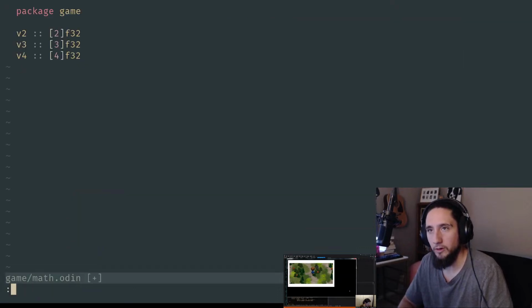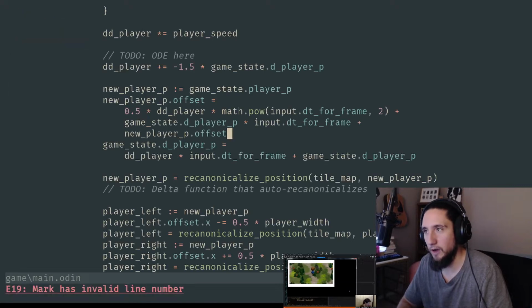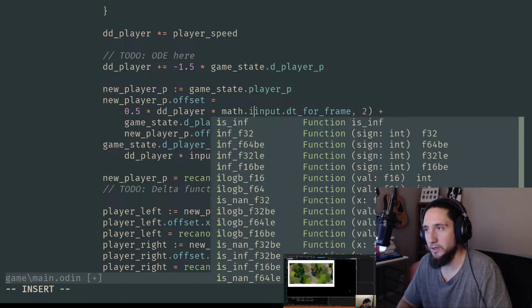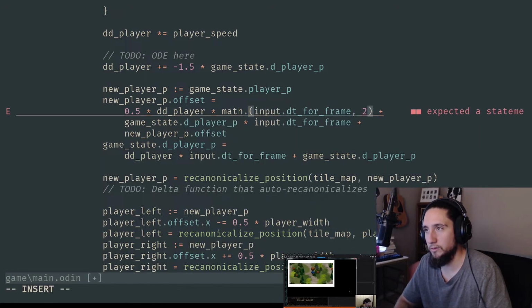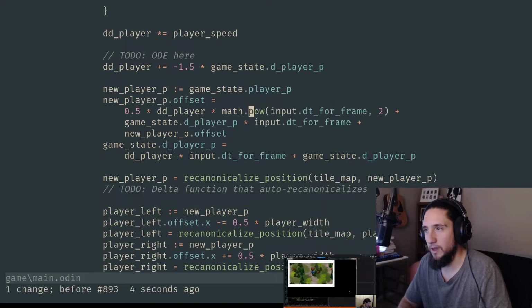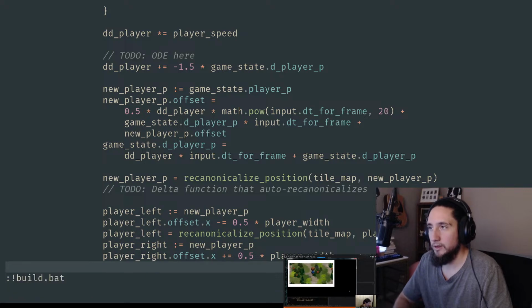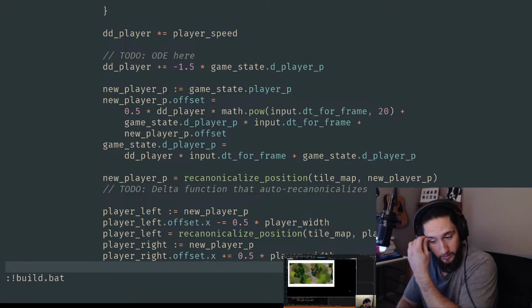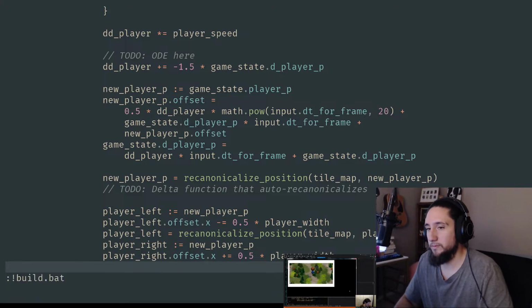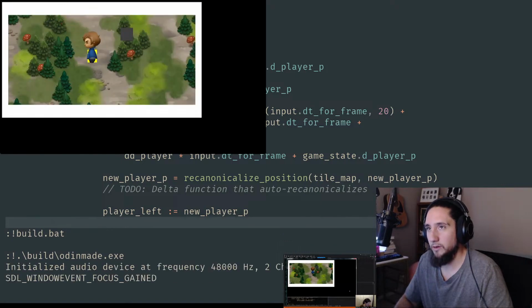Yeah, that was just another one of many brain farts on stream. I don't know why I didn't check power, because obviously you don't want to just be able to square. I mean, it makes sense that you want to be able to take the square root, but you don't want to just have a square procedure. You'd want to have a pow proc, so you can pass in whatever arbitrary power you care to work with.